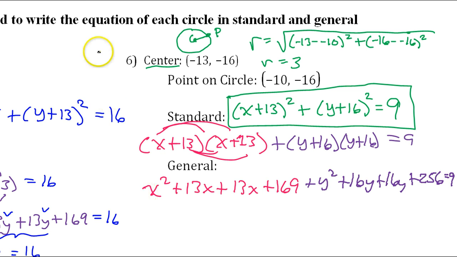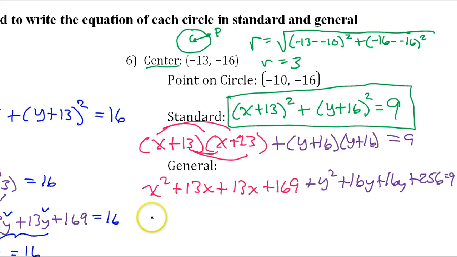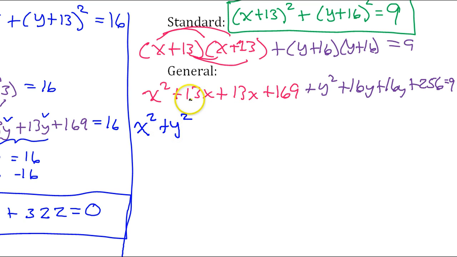Okay, I need to consolidate. So let's start to put this in the proper order now. So I better put a line here. So I'm going to have x squared, and then comes y squared. Next comes the x's, so 13 plus 13 is 26. Now I'm going to do this. So that's 32y.